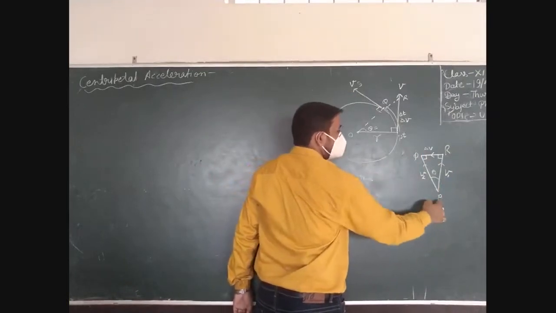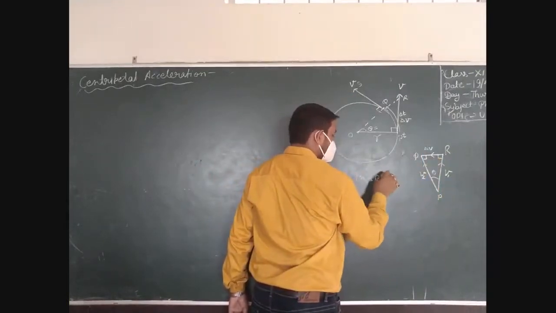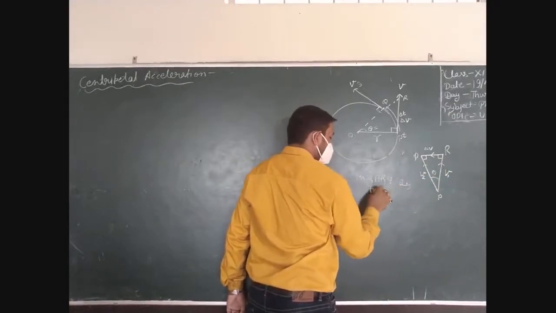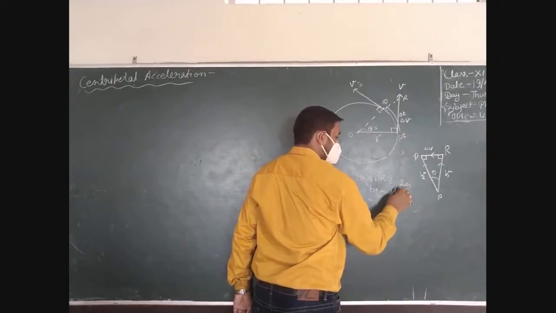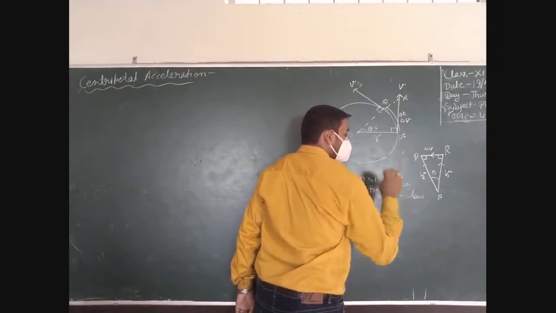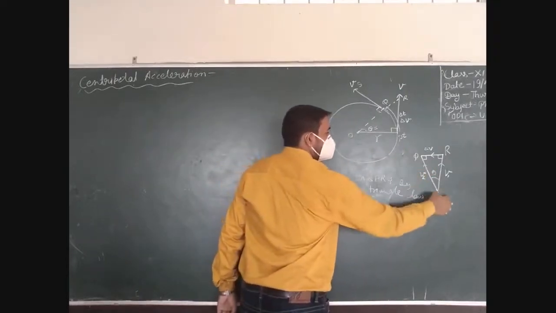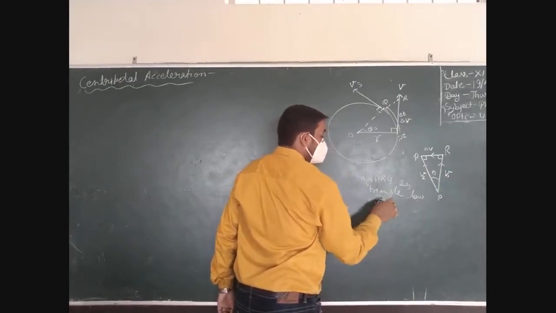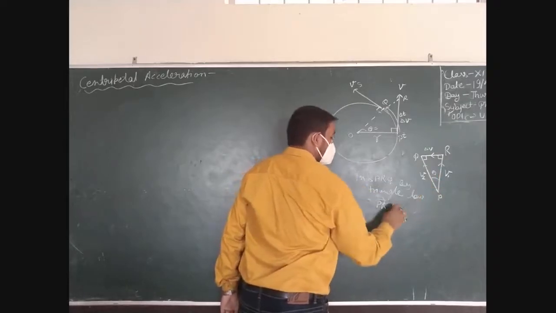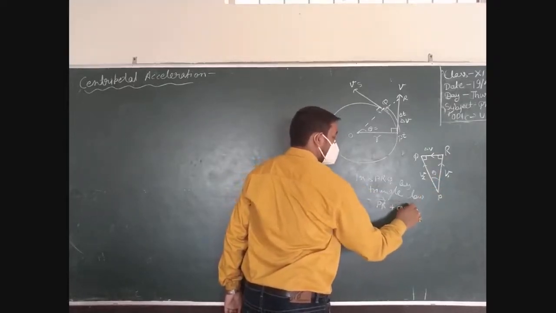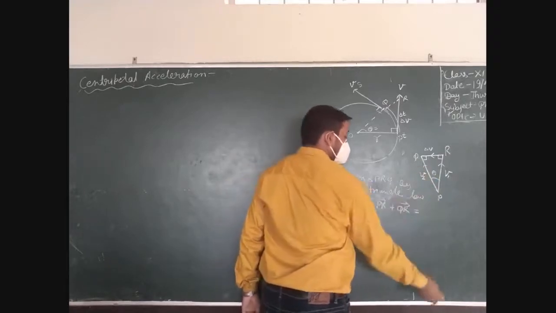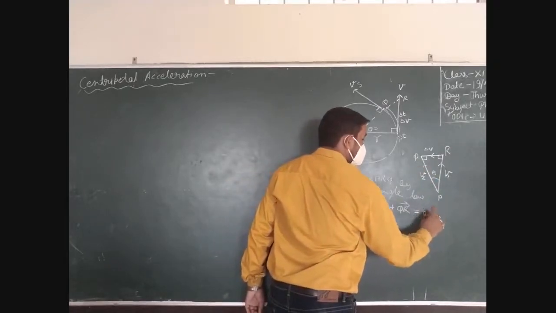Now in triangle PRQ, by the triangle rule, we get vector PR plus vector QR equal to the resultant vector OQ.